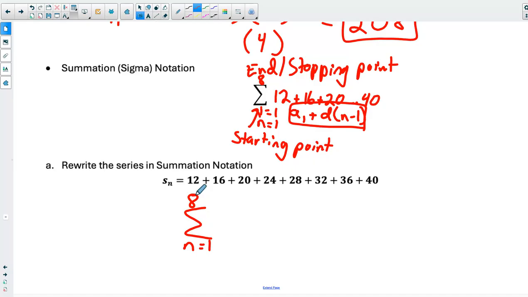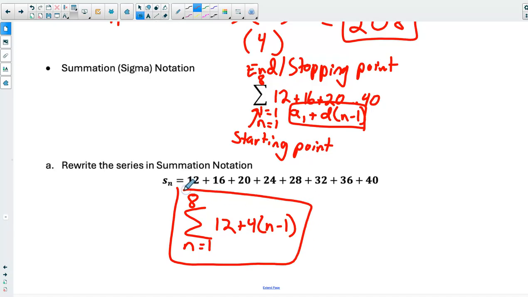To represent this series, we basically just put that explicit formula, and so we're just going to have this. You wrote it already, so I'm not going to make you write it and tell me all those things again, but that's what it is. So this right here, when I see this, it is telling me, calculate the sum of that series for the first 8 terms. And there's no words there. But that's what it's telling us to do. Questions?